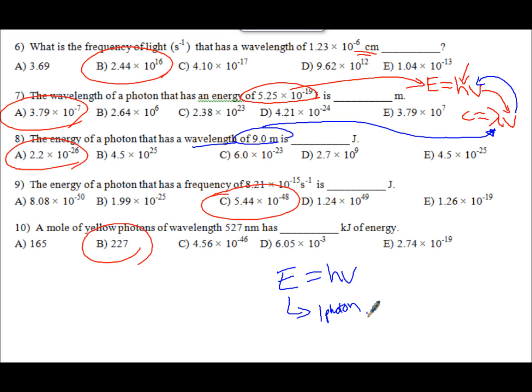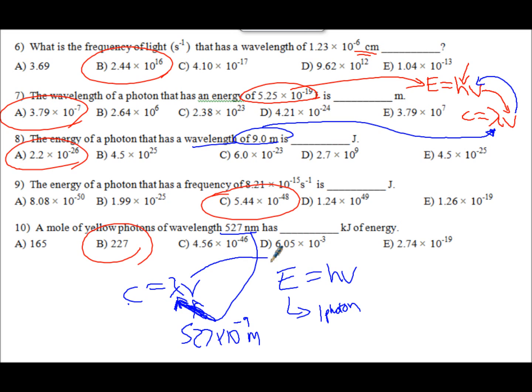So when you plug this wavelength in, in meters, it would be 527 times 10 to the minus 9 meters. Wavelength would go here, wouldn't it? Uh-oh, I need an editor. Alright, so the wavelength would go in for lambda, and then you would get the frequency, boom. You could plug the frequency into Planck's equation, and you would get the energy for 1 photon.